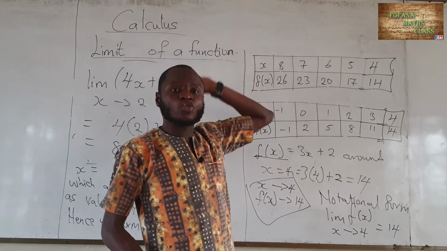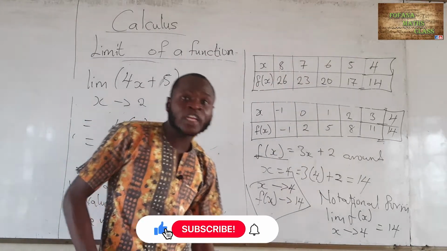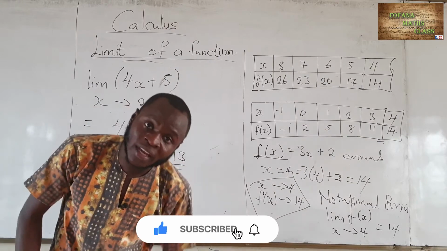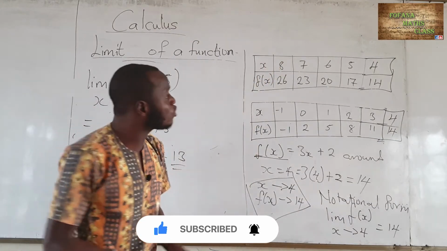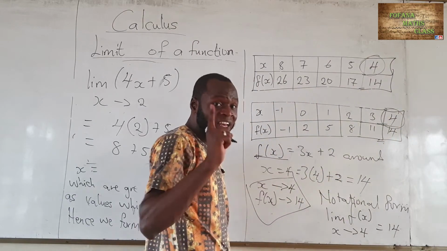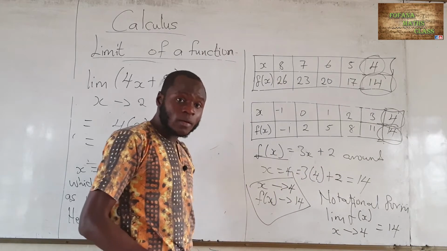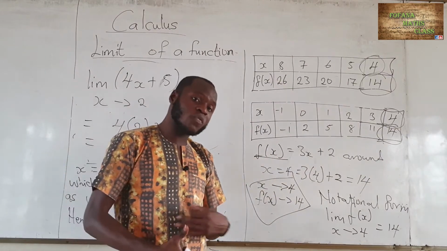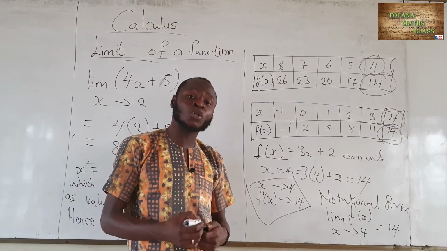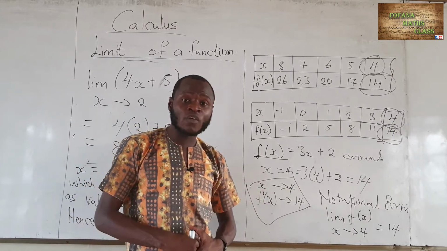We arrange the numbers, those that are more than that number and approaching it downwards, and those that are less than that number and approaching it upwards, before we get to a number like 4 here and 4 here, and then realize that the limit of that function is 14 and 14. So there is a short way that we use to find that, which is the standard of limit. So in my next video we'll be looking at the standard of the limit.